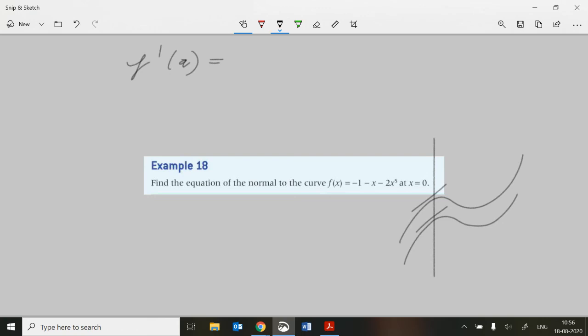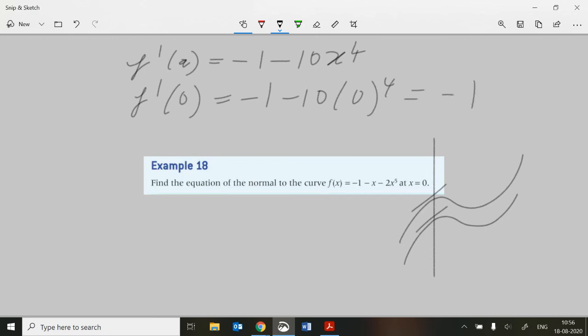So the constant is not going to have any effect. This one is going to be minus 1, and then we've got minus 10x to the power of 4, so times by the 5 and reduce the power by 1. So now substitute in 0. So we've got f dash of 0 is minus 1 minus 10 times 0 to the power of 4. You get minus 1, of course.